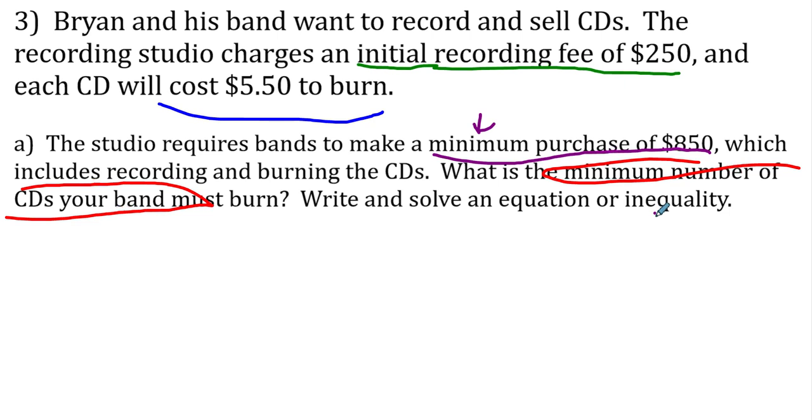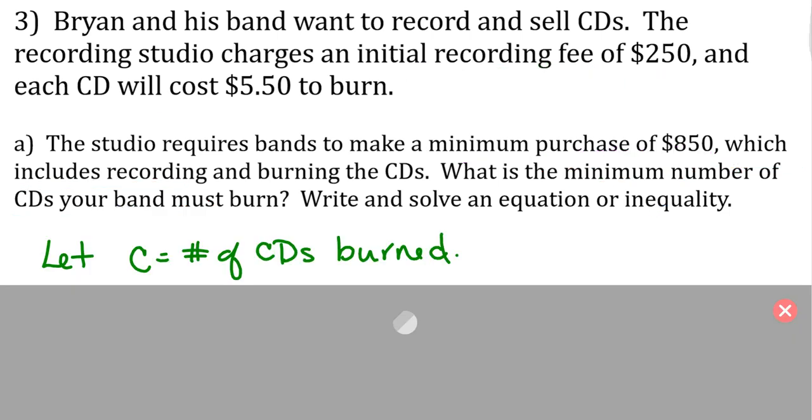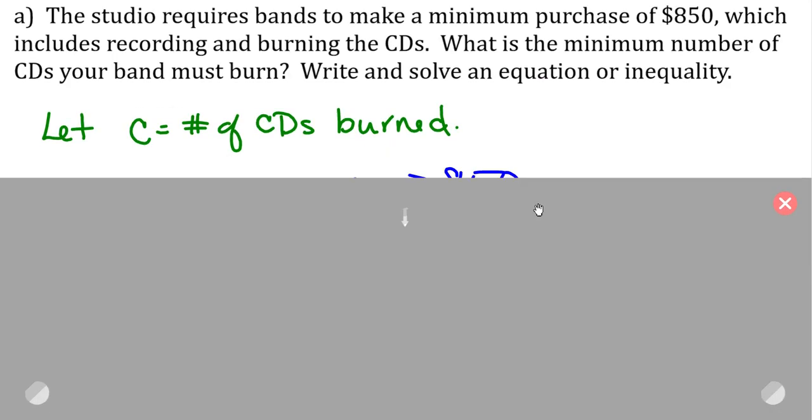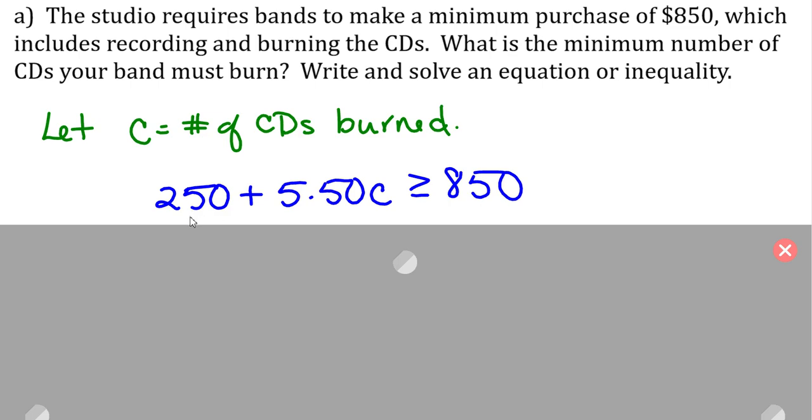So this is going to be an inequality. So if I let C be the number of CDs being burned, and I integrate what we know, the $250 initial fee, $5.50 for every CD, and we're going to spend a minimum, that amount or more, for the studio.